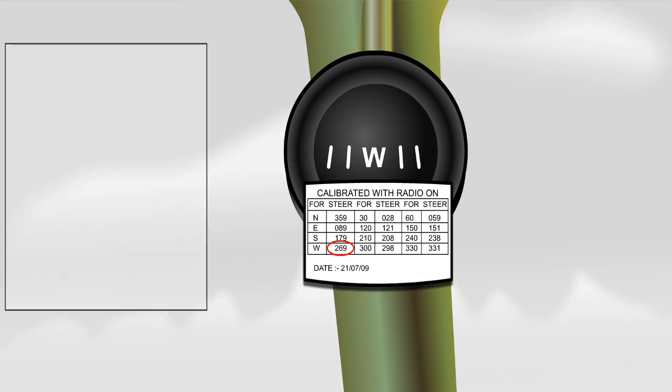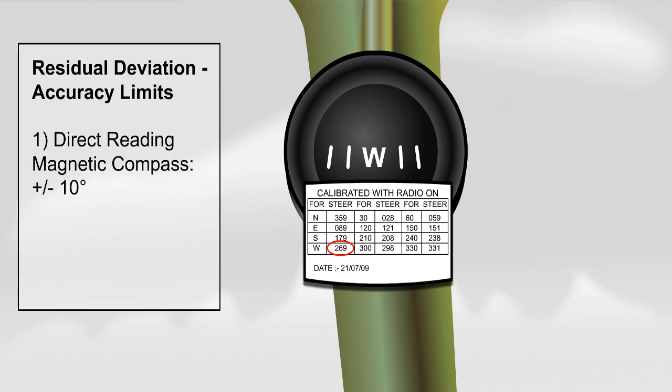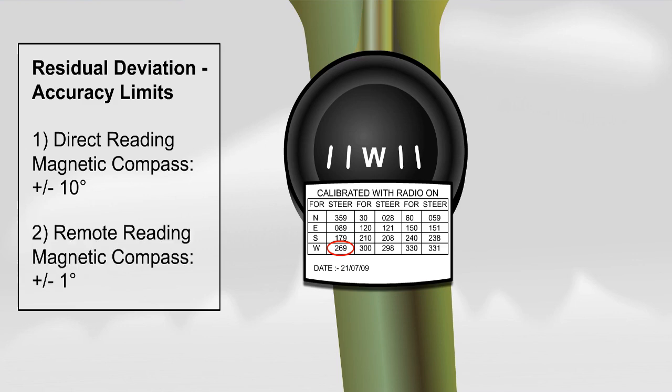In accordance with EU OPS, residual deviation limits are as follows. For the direct reading magnetic compass, it is plus or minus 10 degrees. And for the remote reading magnetic compass, it is plus or minus 1 degree.